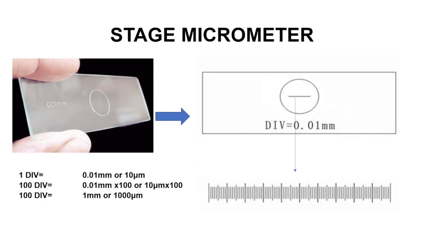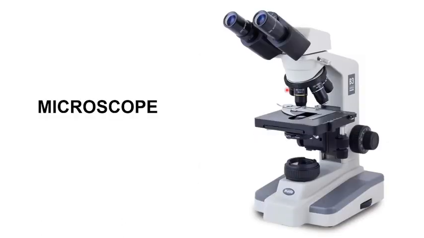This is a microscope, and you know very well it is the eyepiece. This is the nose piece, and the objective lenses are adjusted on the nose piece. There are four different lenses, of 4x, 10x, 40x, and 100x, present on this nose piece.